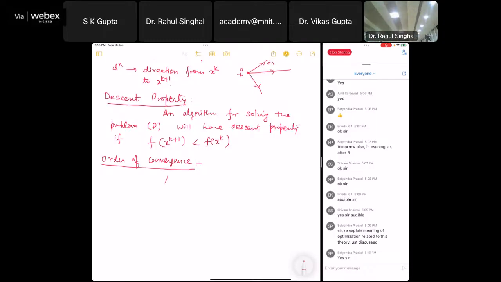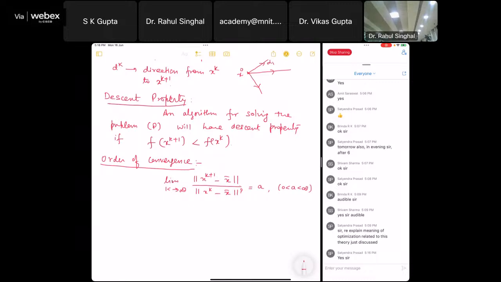See, if limit k tending to infinity, norm of xk plus 1 minus x bar upon norm of xk minus x bar raised to power p equals some a, where a is between 0 to infinity, right? Then this p is called... this x bar is the actual solution of this optimization problem, and these are iterative values xk and xk plus 1.